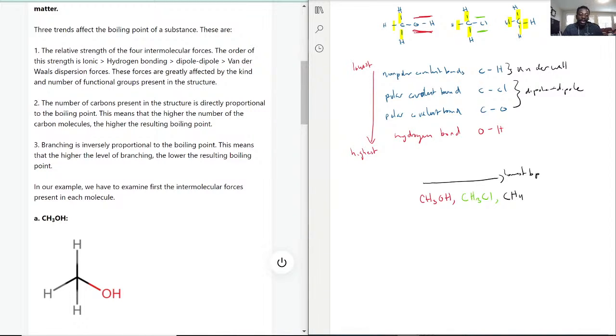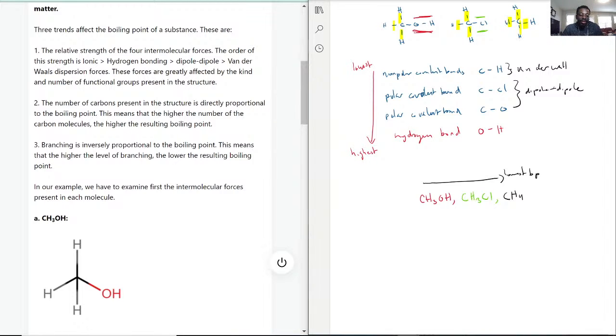The more things you have that branch out from the main chain, the lower your boiling point would be, as long as you have the same amount of carbons. So you can't compare different molecules; we're talking specifically about structural isomers when we refer to branching.